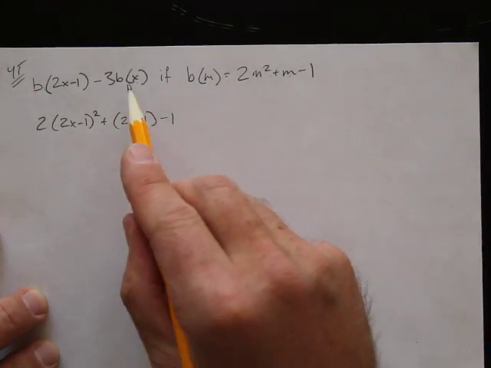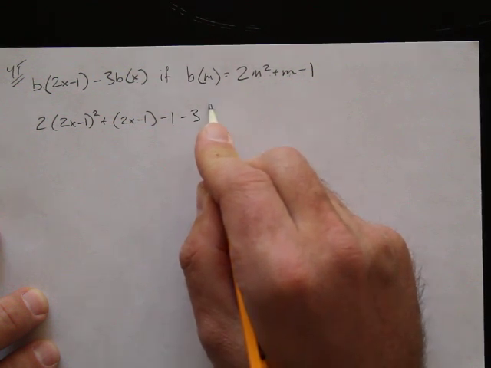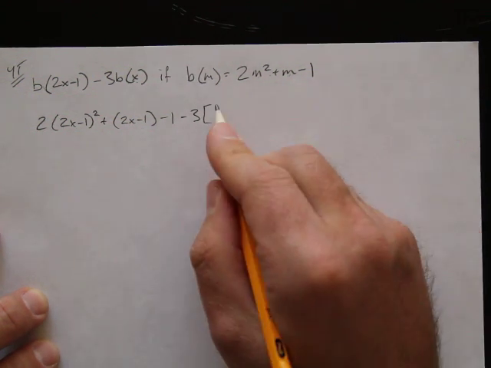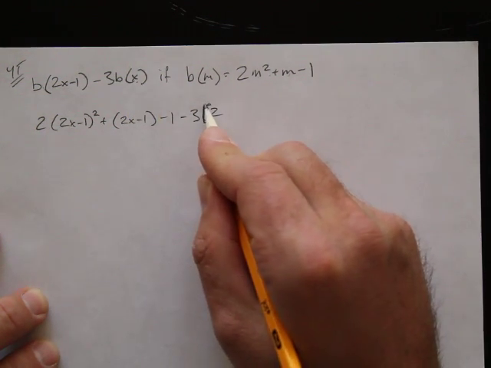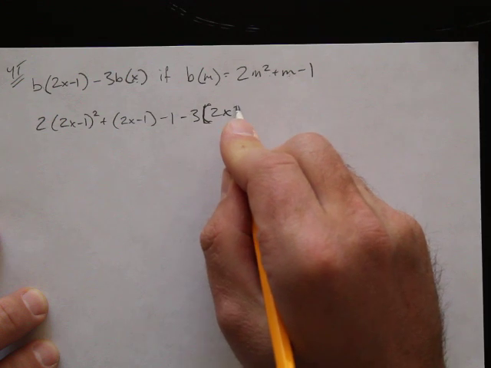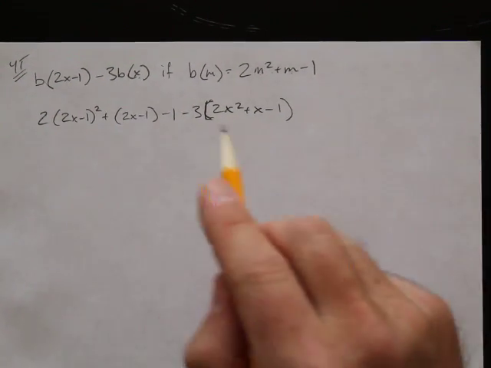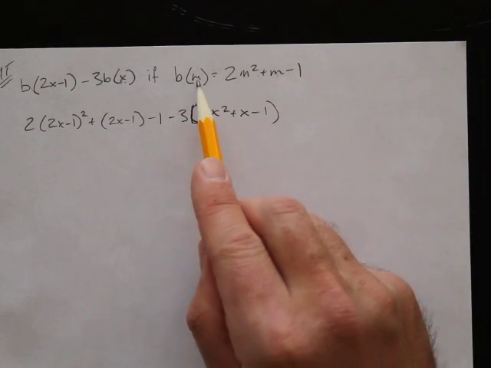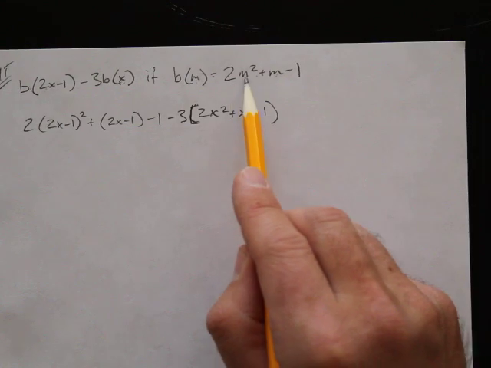Now I'm going to take care of this part. Minus 3 times, I'm just plugging in that x, so I don't need brackets. I can just do regular parentheses. 2x squared plus x minus 1. So I've just substituted x in for m, and I've substituted 2x minus 1 in for m.